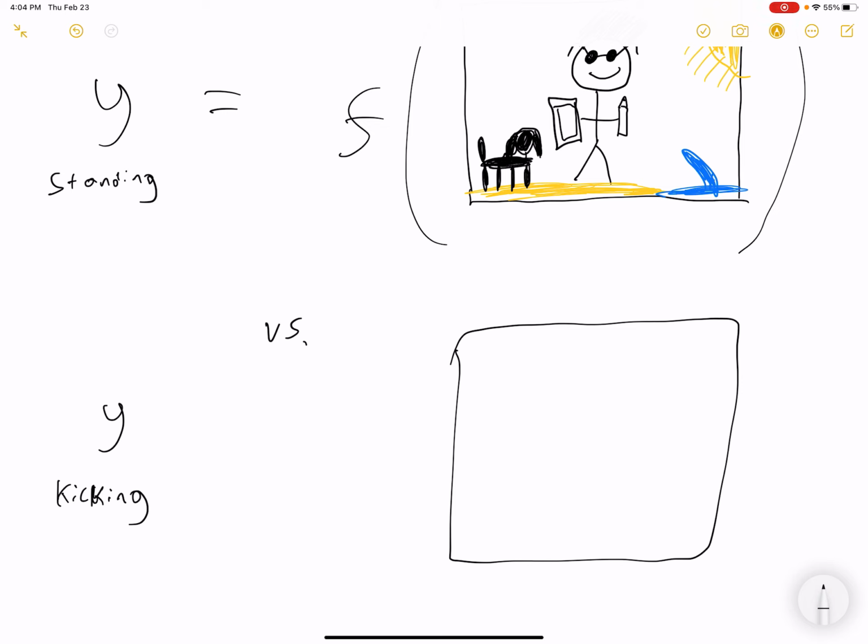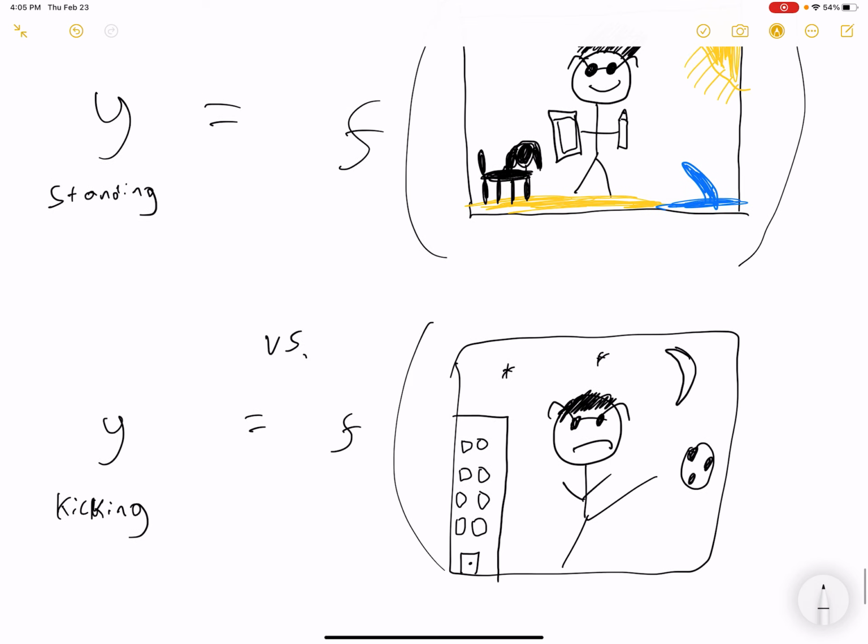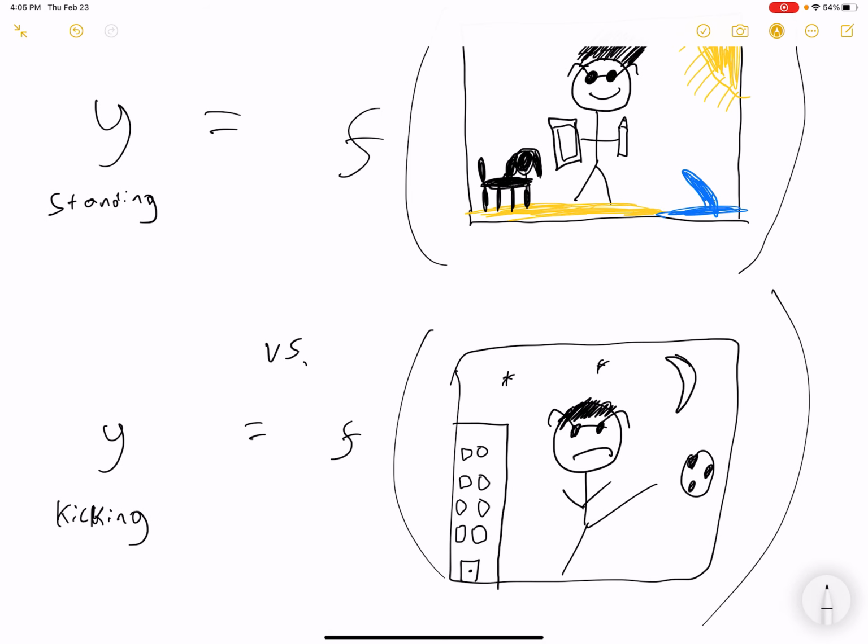Same person, maybe frowning, no gel in the hair, arms are up and kicking, and there's a soccer ball, and it's nighttime now, and there's a building in the background with windows and stars.